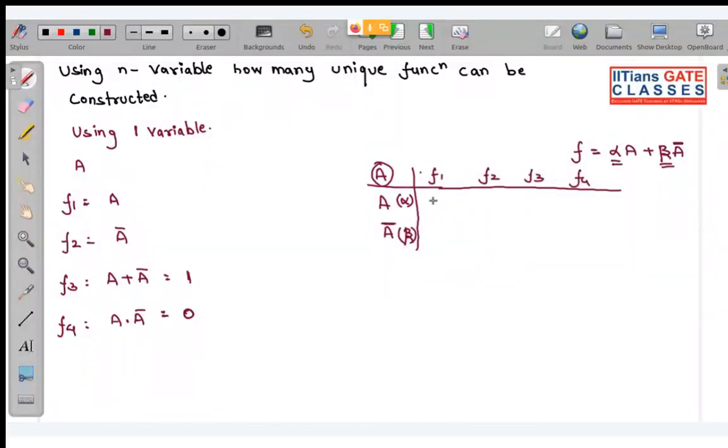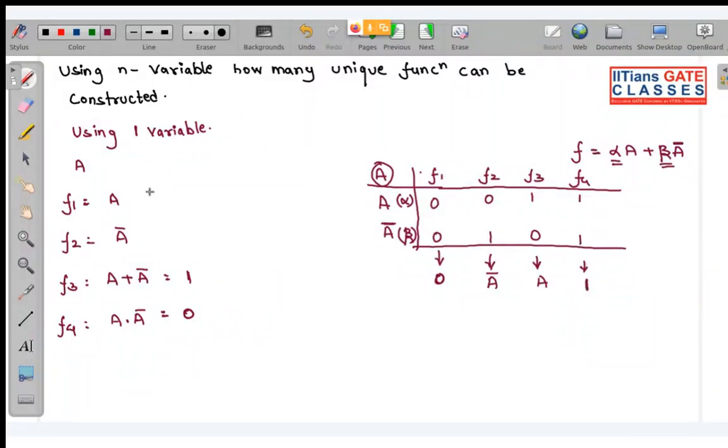So either both alpha beta will be 0 0, or alpha will be 0, beta will be 1, or alpha will be 1, beta will be 0, or both of them are 1. Now if you solve, this is 0. Whenever you have alpha 0, beta 1, this will be A complement. Next, this will be A. And last one, both of them are 1 and 1, so that will be A complement plus A. So that is 1.